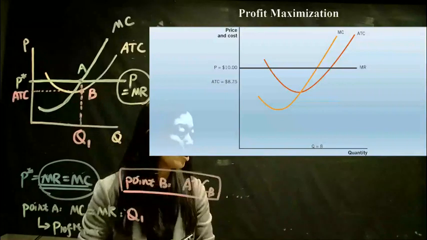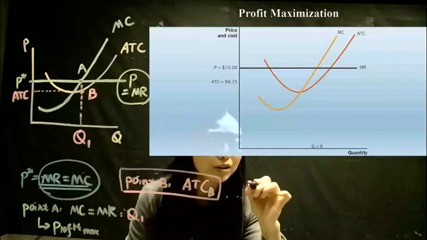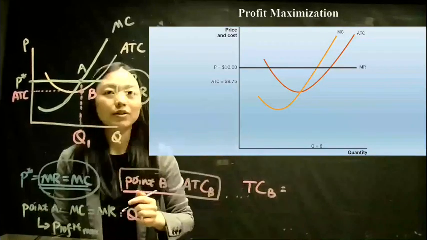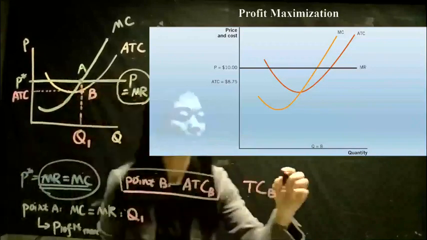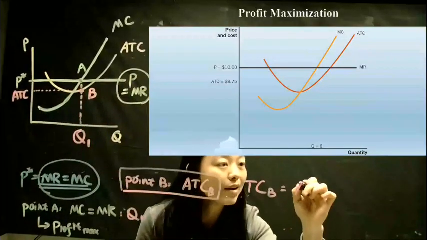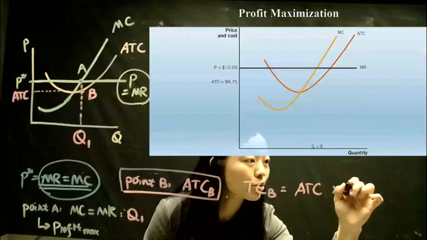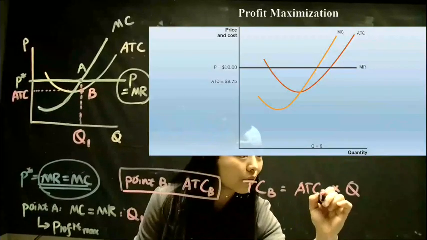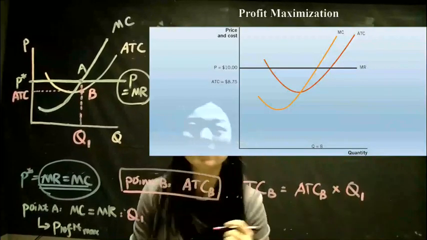And then, what about the total cost? The total cost will actually equal average total cost times quantity, right?